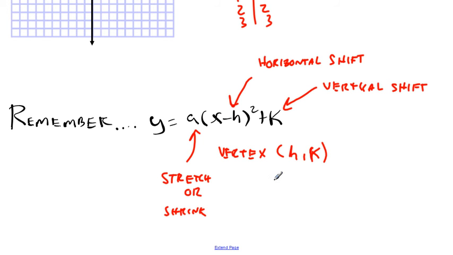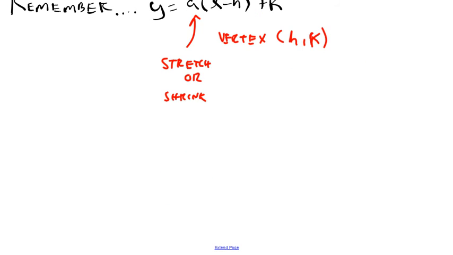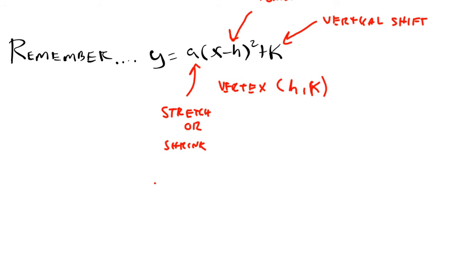A little review there, and the reason I bring this up is that we have a very similar general form for the absolute value function. We're going to be graphing absolute values that look like this: a times the quantity, the absolute value of x minus h, plus k. Look how similar it looks to the quadratic up here.